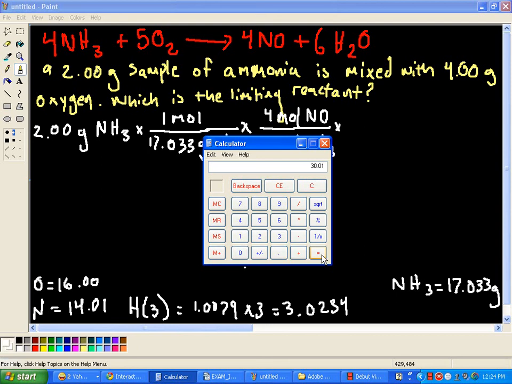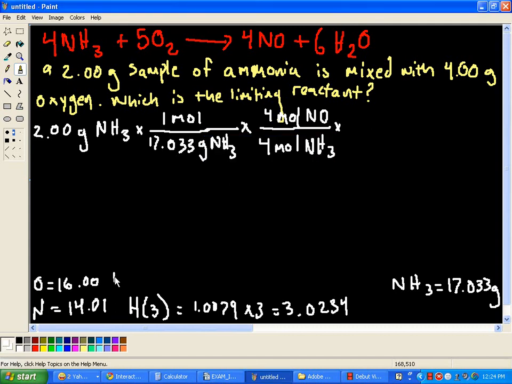Okay, so the mass of NO is 30.01. Alright, so in order to go to grams NO, we'll do that conversion ratio: 1 mole NO equals 30.01 grams NO.